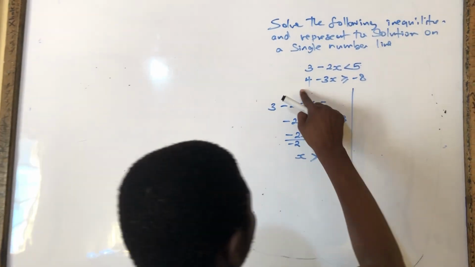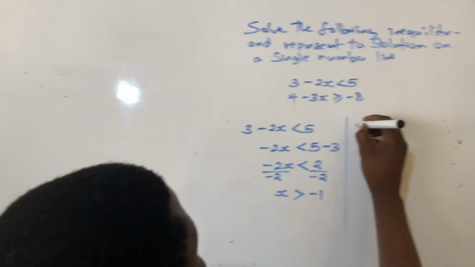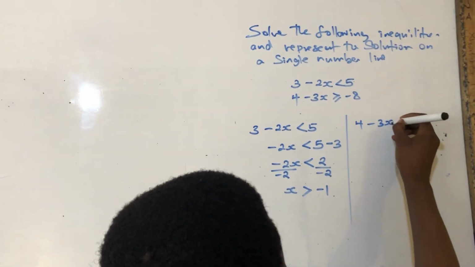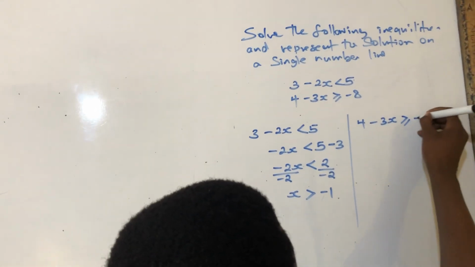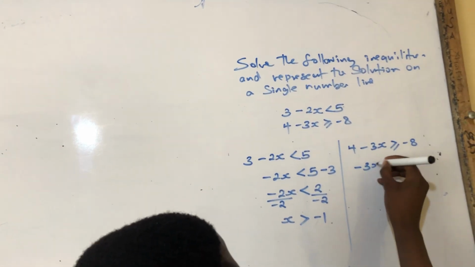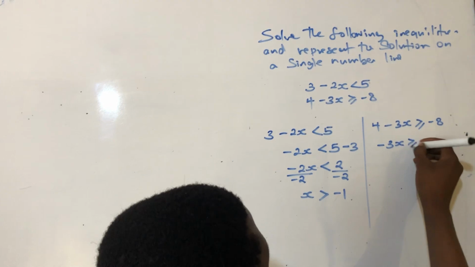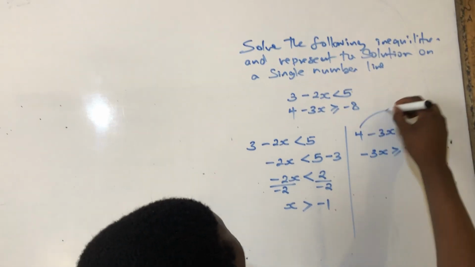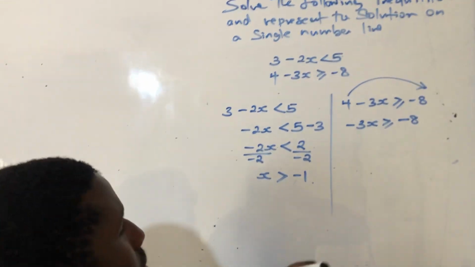Which now takes us to the next thing. We have got 4 minus 3x is greater than or equal to negative 8. This will be negative 3x is greater than or equal to negative 8. The 4 will cross over to the other side.